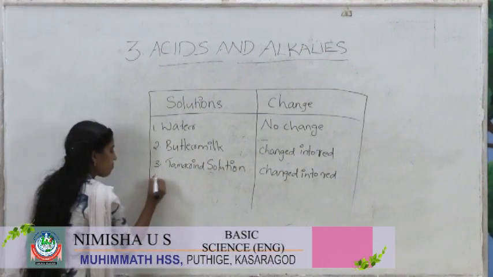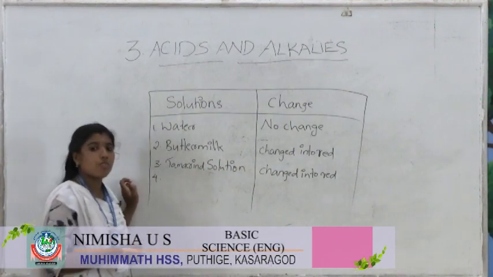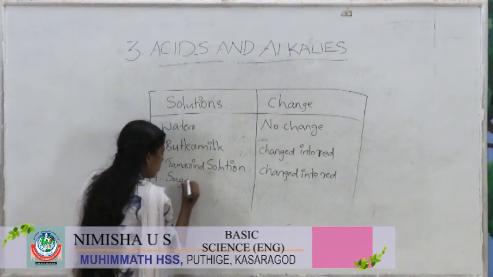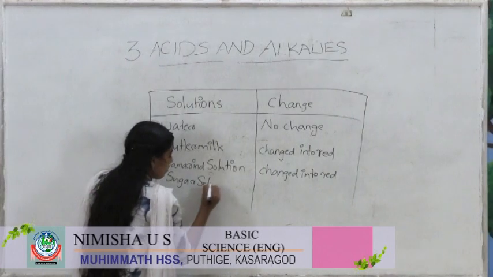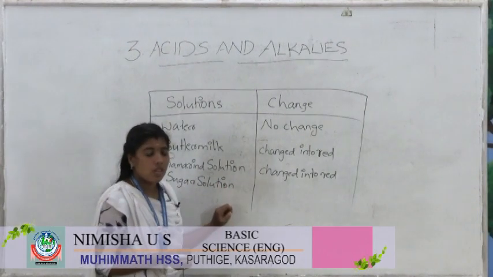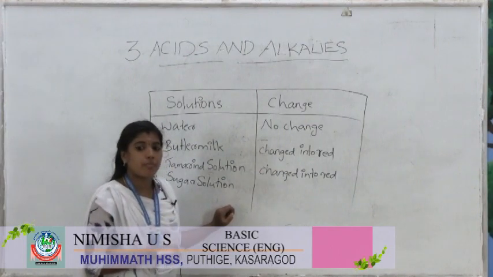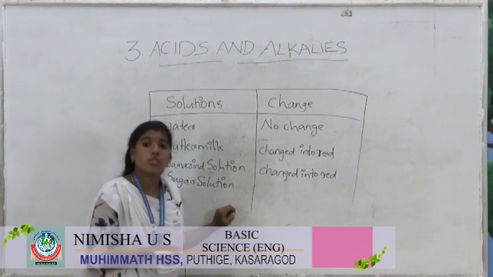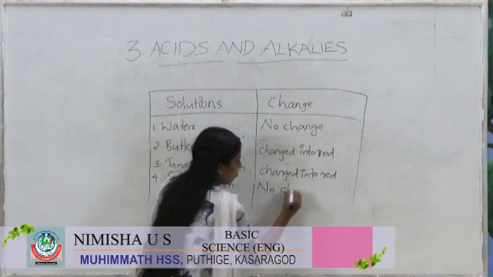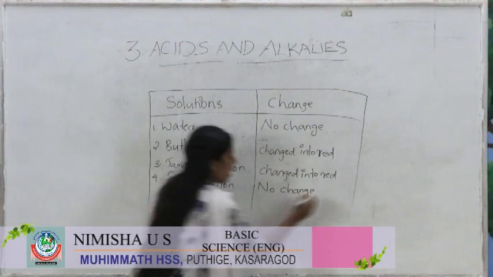Next one, fourth solution. What is the fourth solution? Yes, sugar solution. What happened while we dipped the hibiscus paper in the sugar solution? Yes, there is no change in the color.